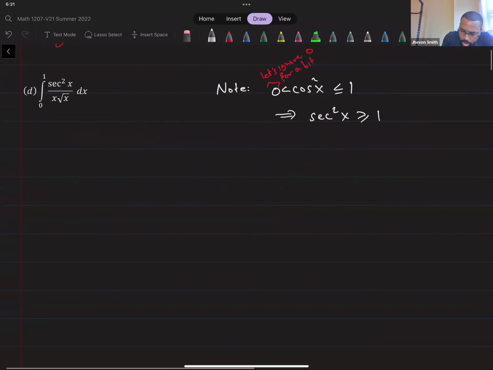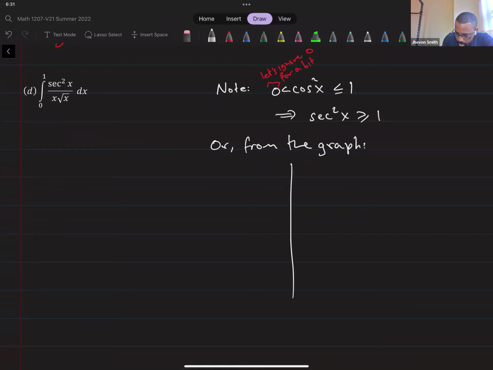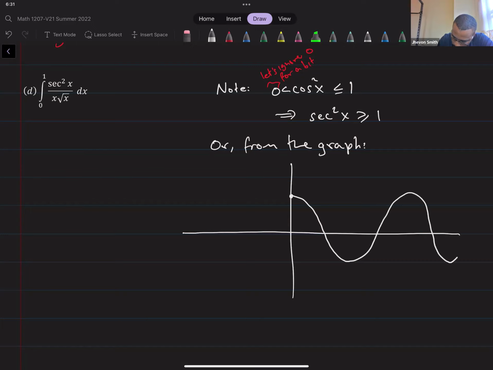Another way you could see that is from the graph. Remember what secant is: it's 1 over cosine. So if I look at my cosine graph, say y equals cosine, then secant is 1 over cosine. Wherever the cosine is 0 is a bad point because I can't take 1 over 0.